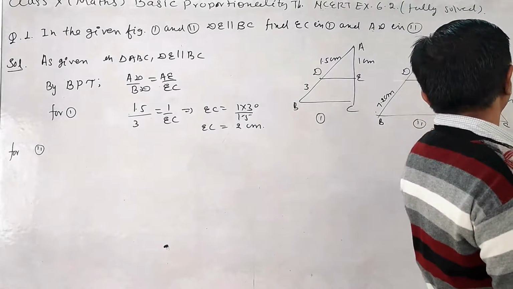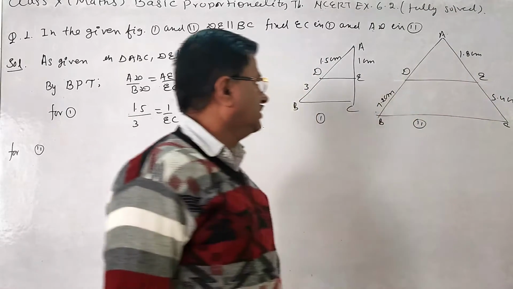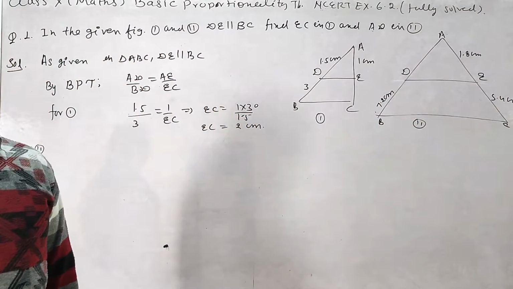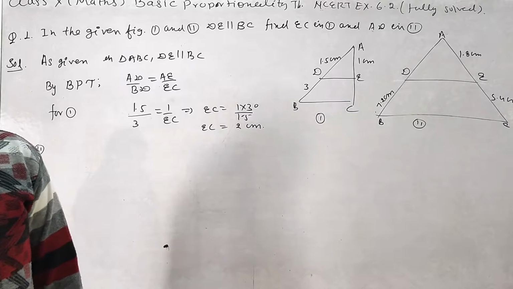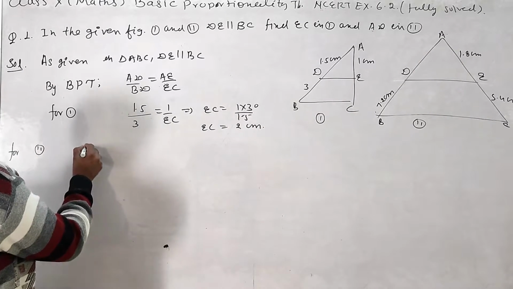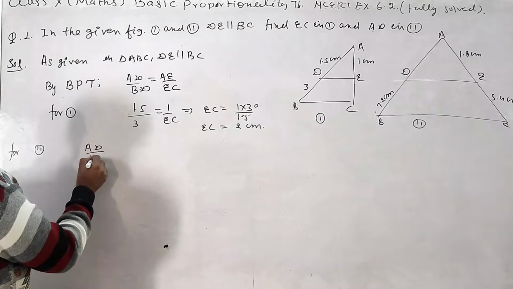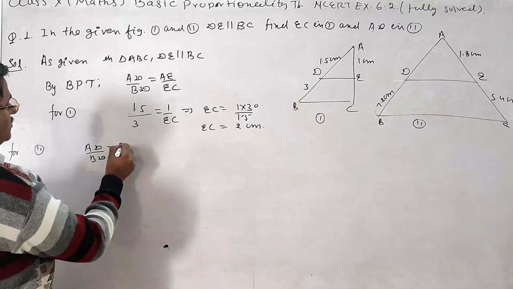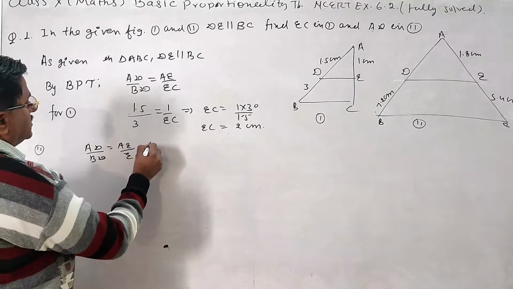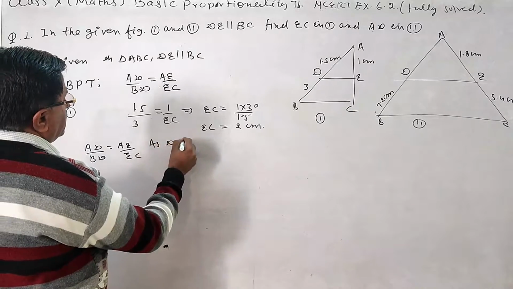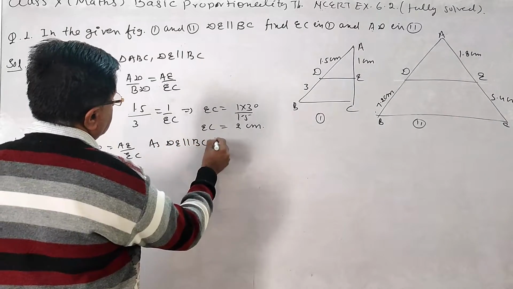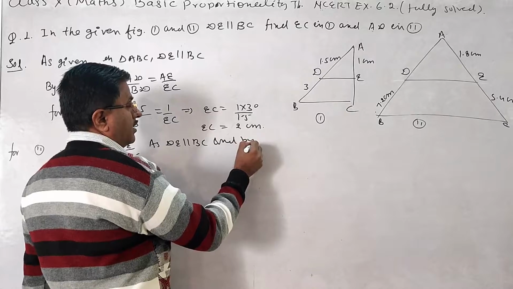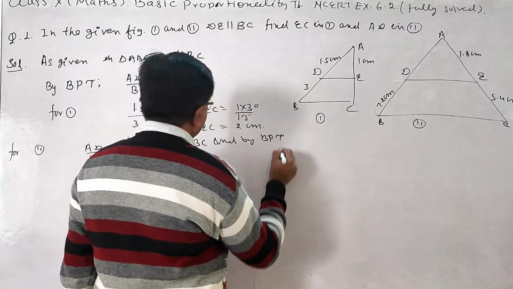DE is parallel to BC, so again you have AD upon BD equal to AE upon EC. The same values you put: AD upon BD equal to AE upon EC. Here also you may write DE parallel to BC and by BPT we get this.